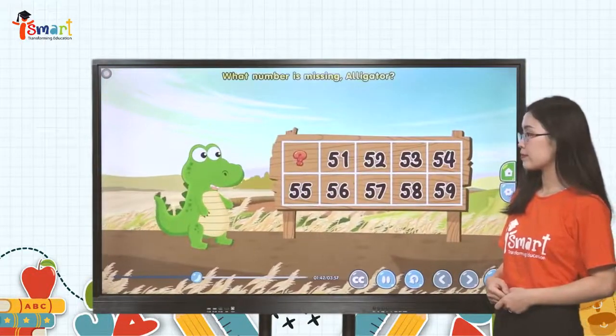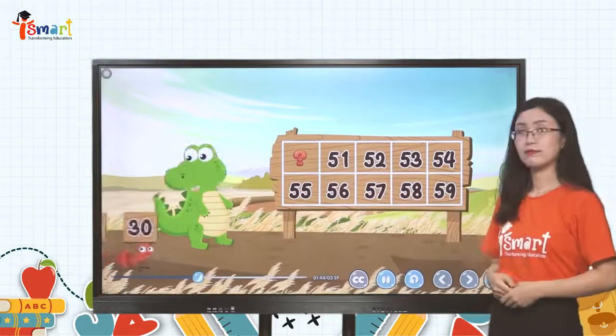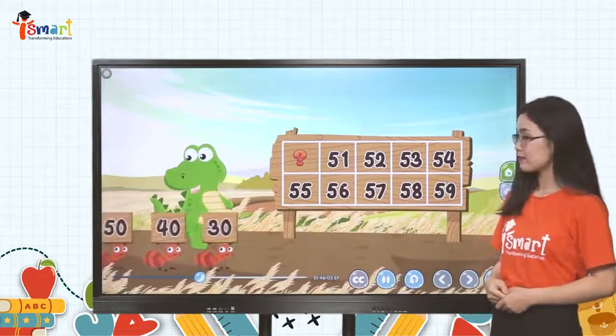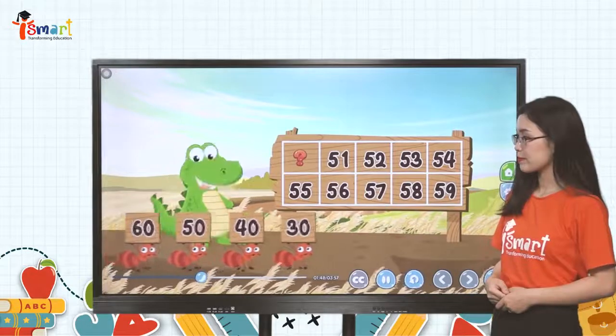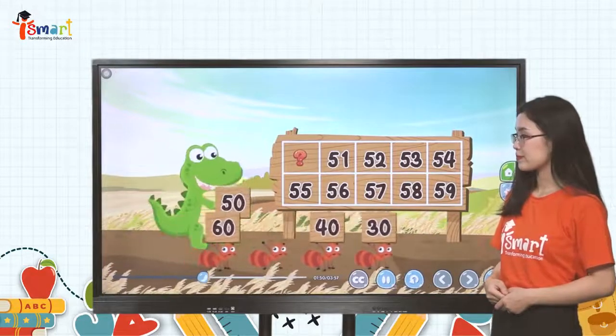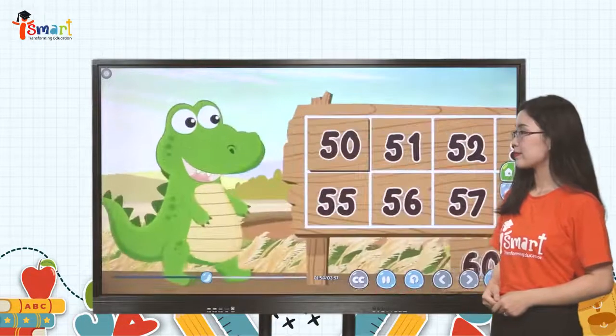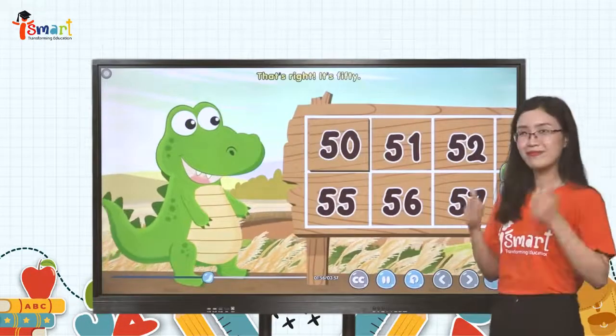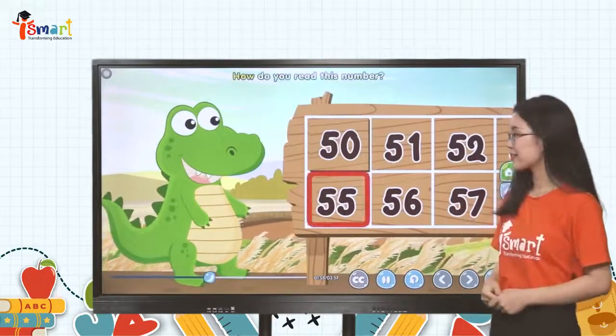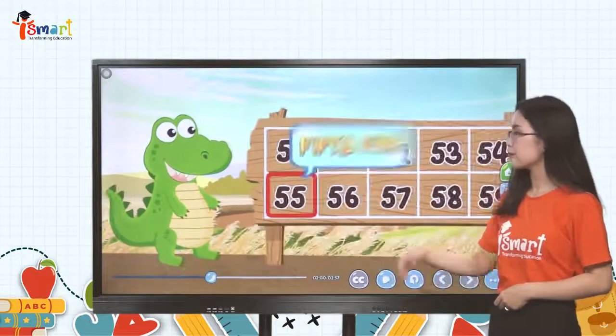What number is missing, Alligator? Wow. That's right. It's 50. How do you read this number?